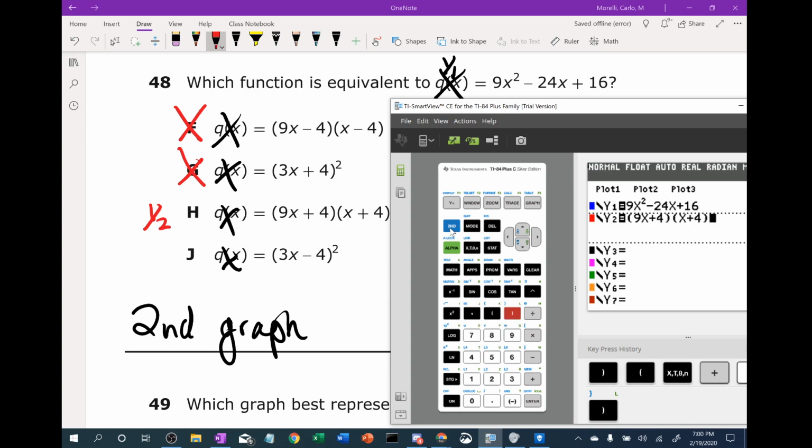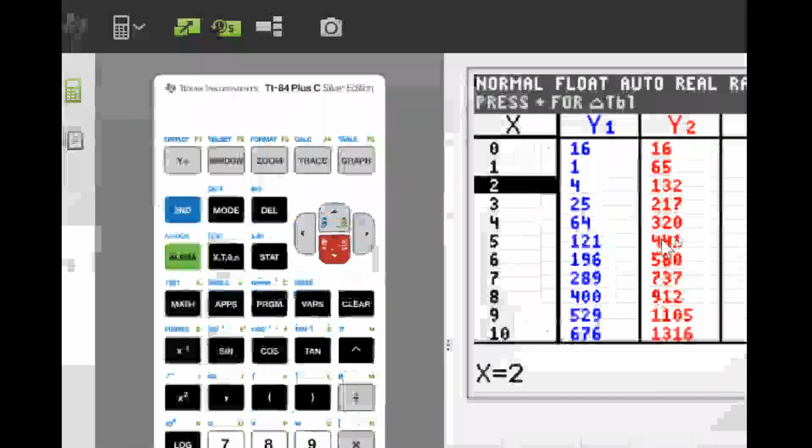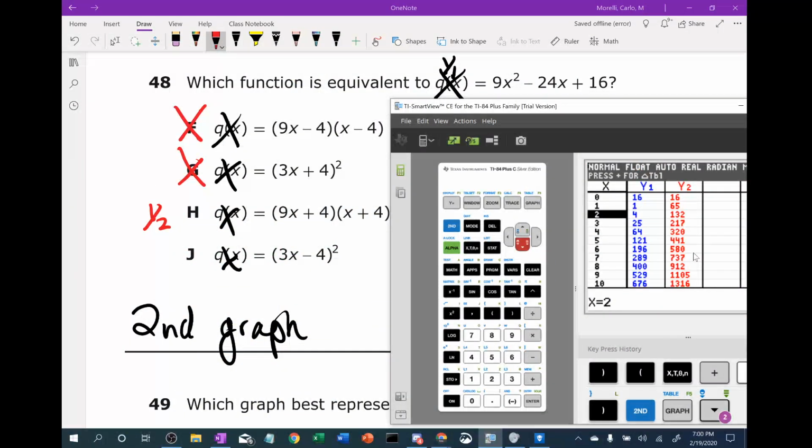Okay. And now we're going to hit second graph. Okay. So notice again, these do not match. They don't match. So it's not H.